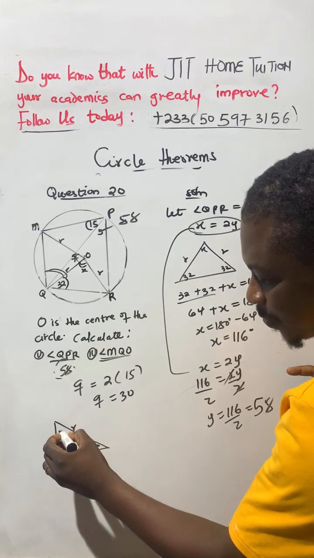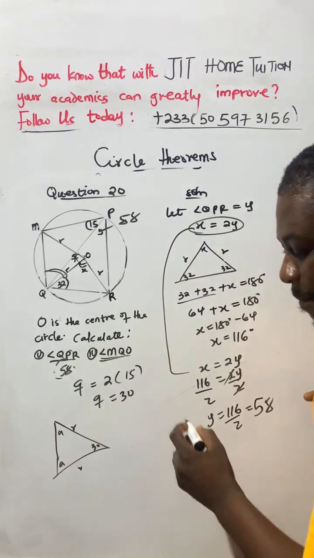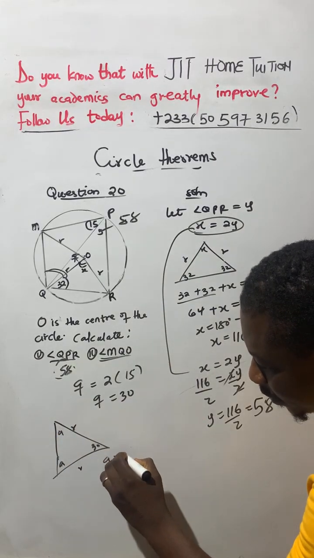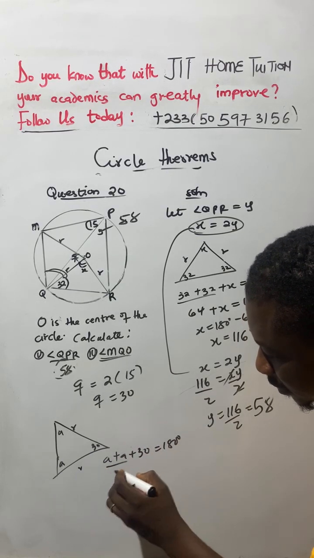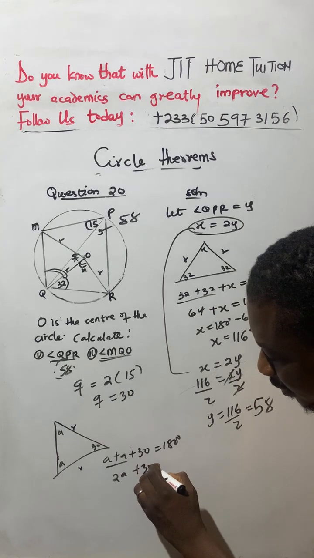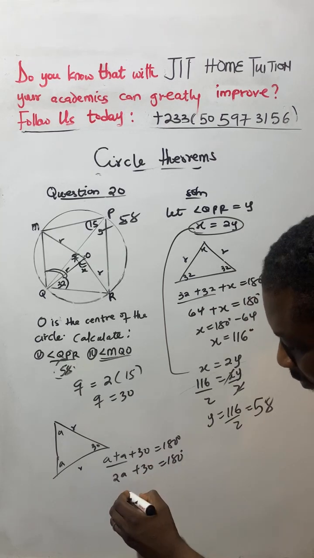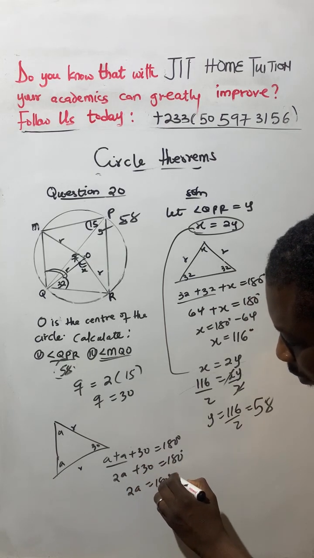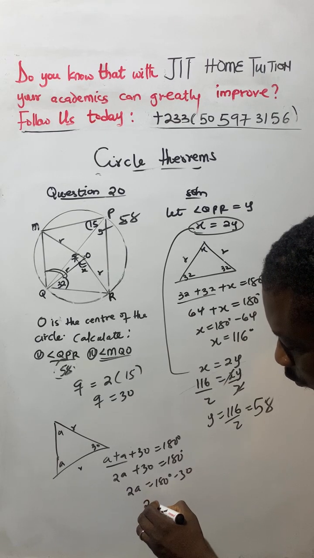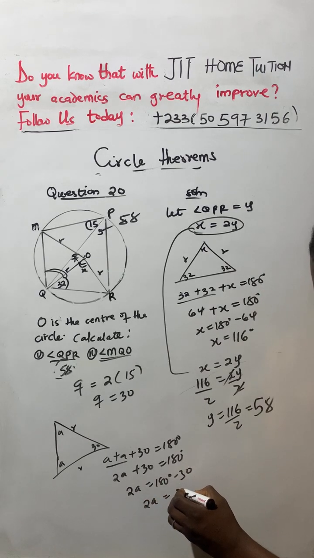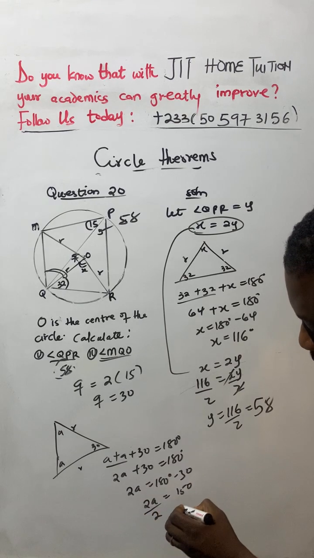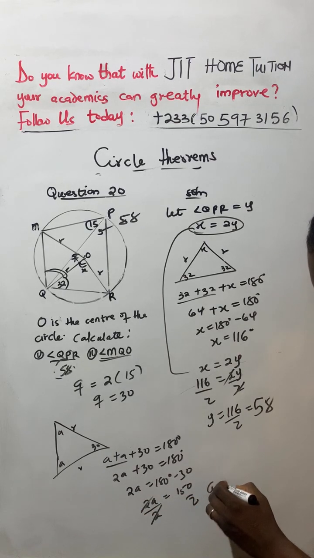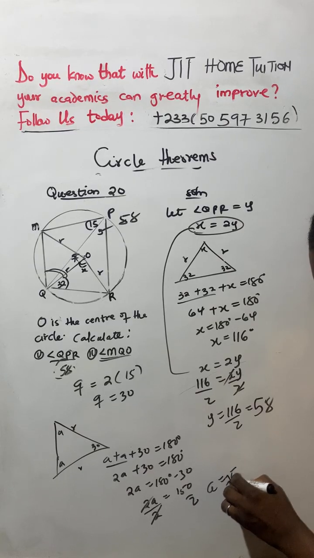We can represent this by A and this by A. So A plus A plus 30 equals 180, which is 2A plus 30 equal to 180 degrees. 2A is equal to 180 minus 30, so 2A will be equal to 150. You divide both sides by 2. A will be equal to 75.